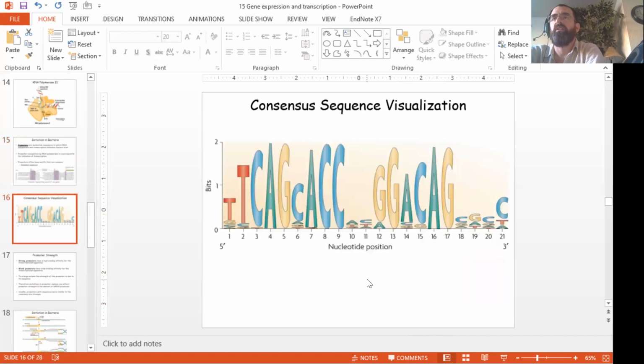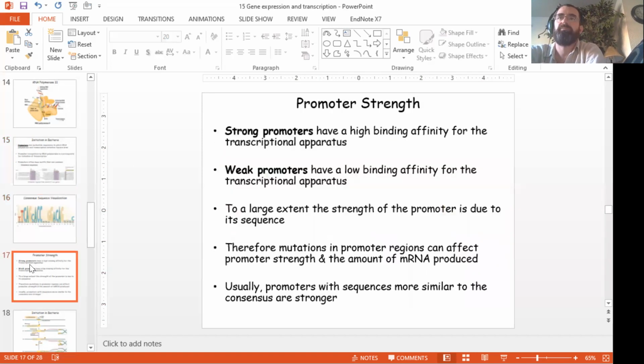And so this is really kind of how one would visualize a consensus sequence, where if all of the bases are C, you know, it's really huge. If you get a mix, then you can kind of represent that by the size of the letter, essentially. And so promoters vary in their strength.